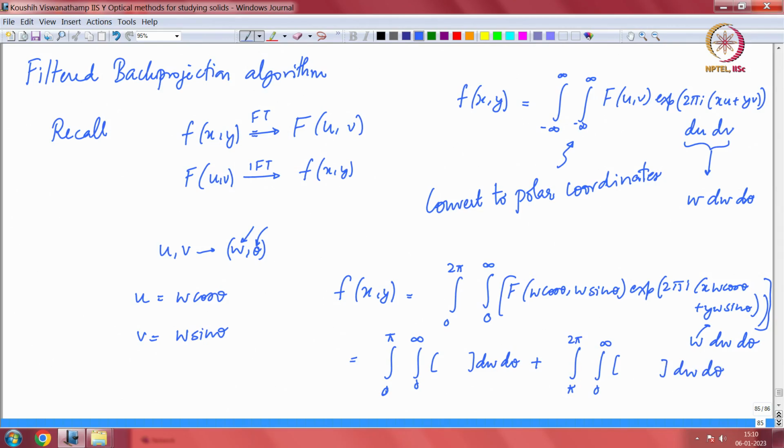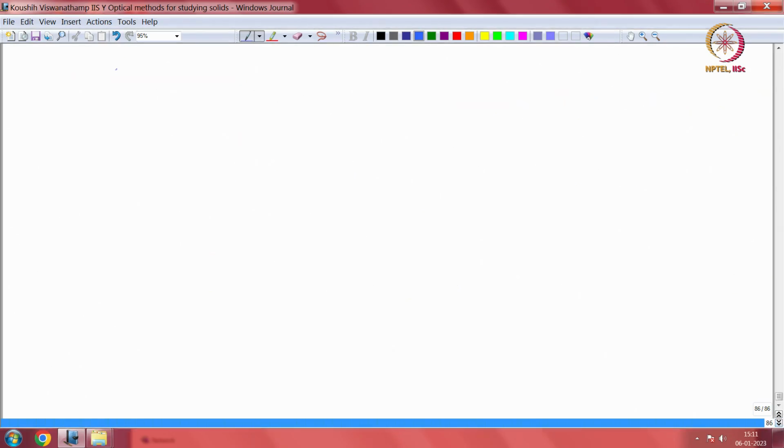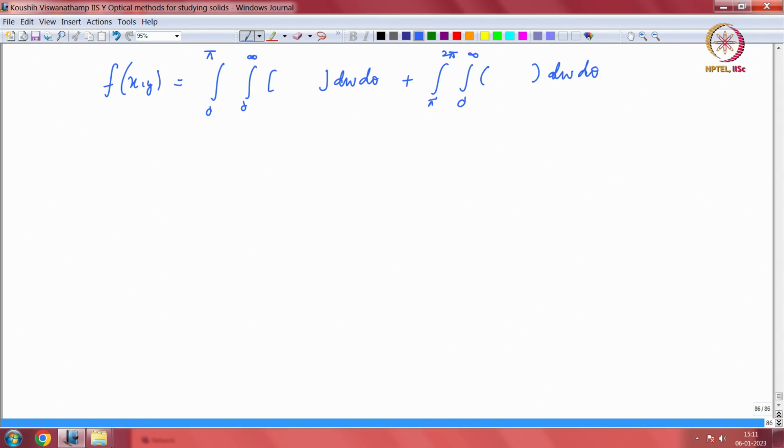I am only splitting the integral. So, this is easier to rewrite because I am not writing the full expression.